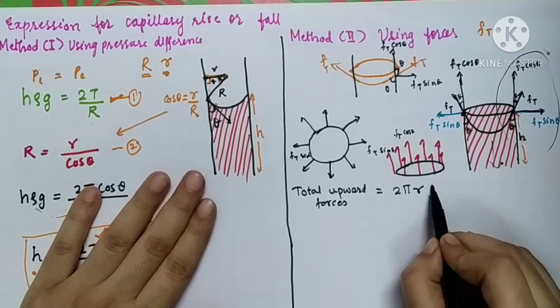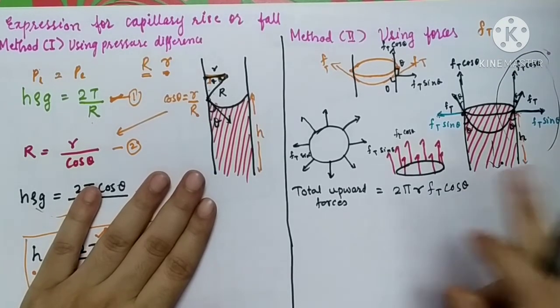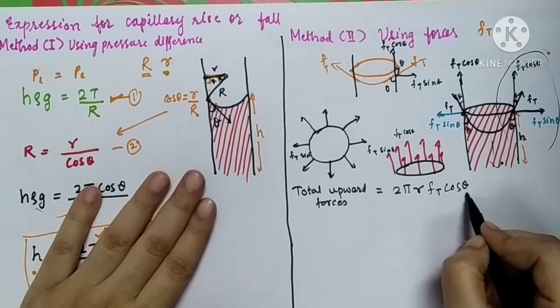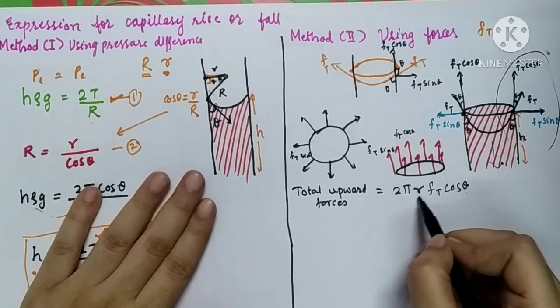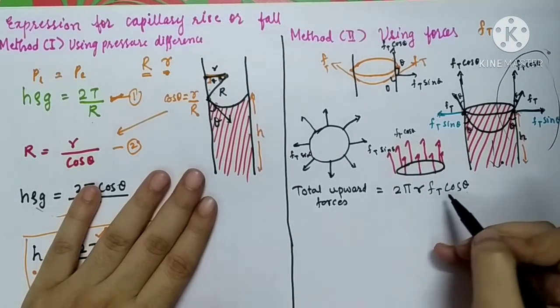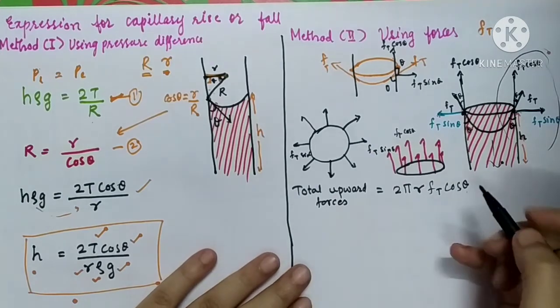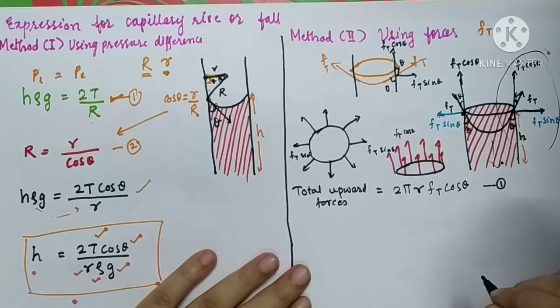So 2 pi r into Ft cos theta. For one point, only Ft cos theta will come. For all the entire points, you'll have to multiply it with the length. So this is the total upward force acting on the liquid meniscus. Give this one as equation number 1.